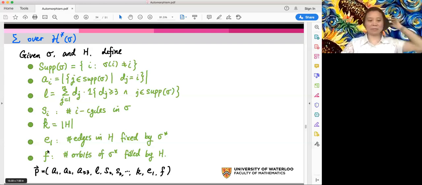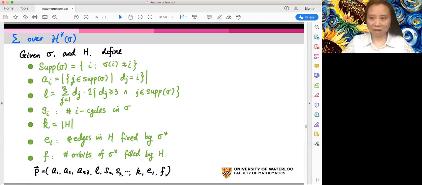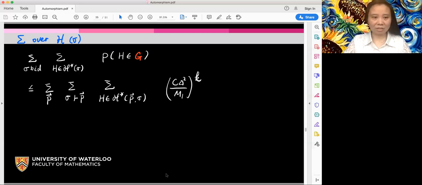So that's another parameter. But anyway, you don't really have to understand all of those things. I just want to say that I'm going to fix those parameters: A1, A2, A at least 3, meaning all the moved vertices of degree at least 3, and L and S and K and E1 and F. I fix all of those, and then I fix this parameter P. Then I'm going to look at the permutations that are consistent with the set of parameters that I'm given, and look at the subgraphs H that are consistent with this parameter P and sigma.